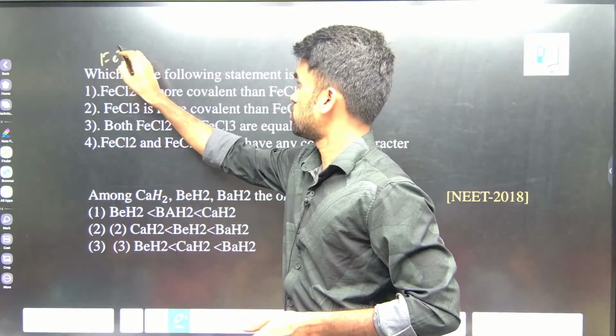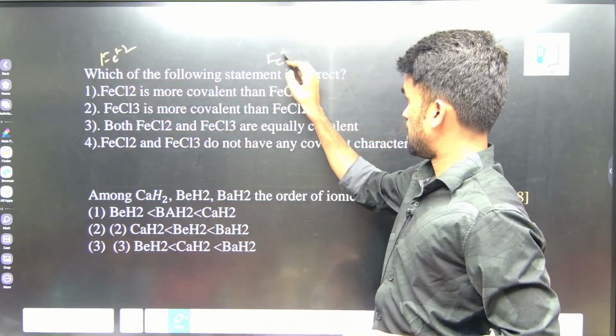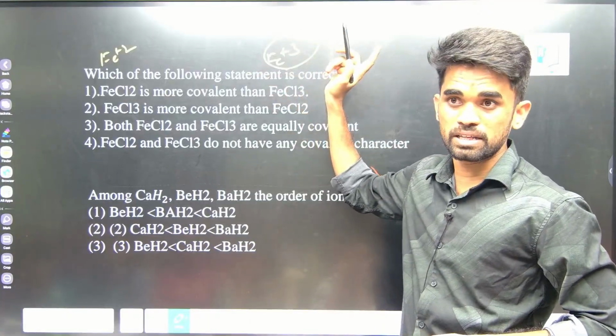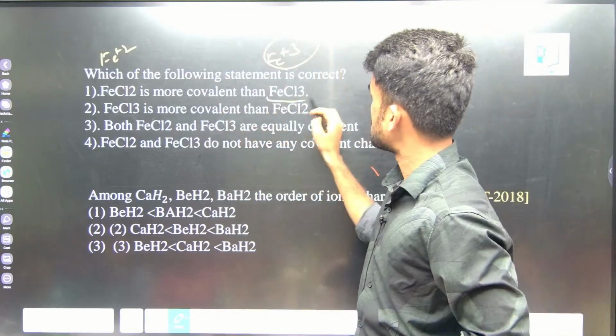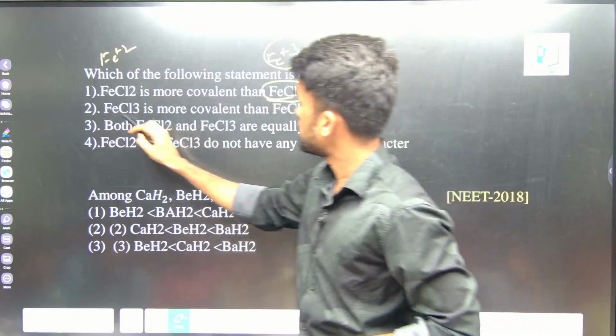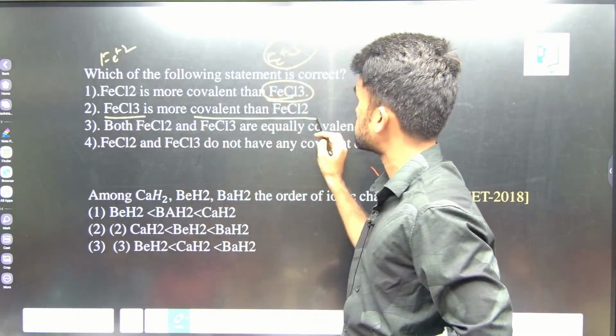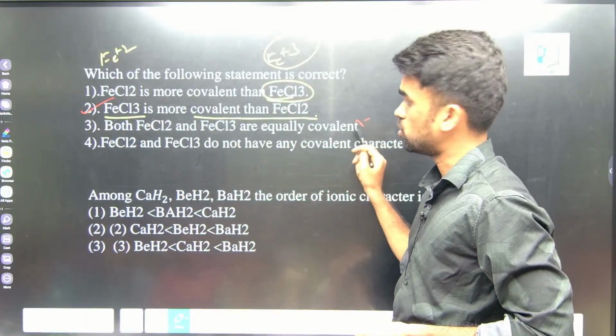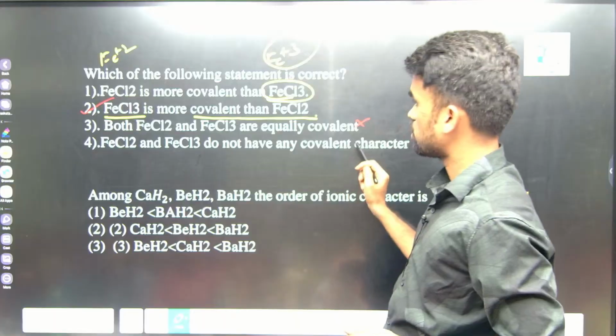Here it is Fe+2 and Fe+3. More positive charge means more covalent nature for that compound. So Fe+3 is more covalent, that is, FeCl3 is more covalent than FeCl2. So the statement is not correct. Next, both of them are equally covalent? No.